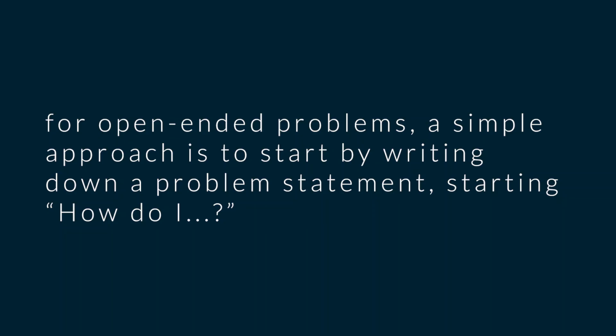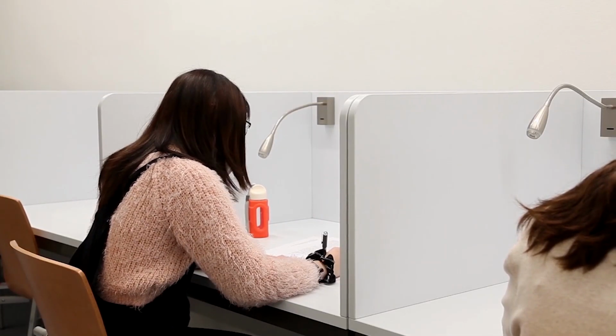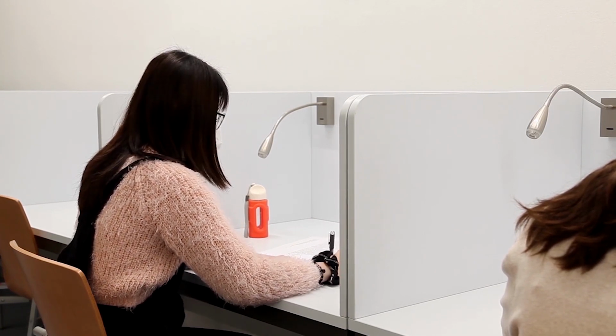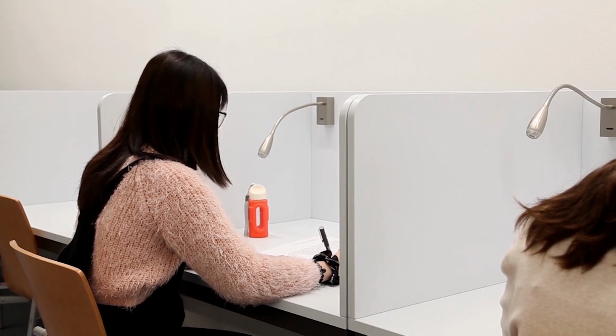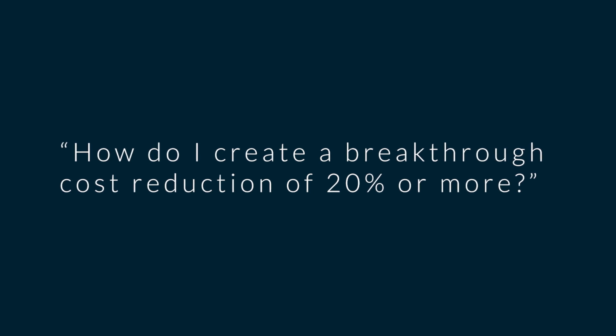For open-ended problems, a simple approach is to start by writing down a problem statement stating, how do I, blah, blah, blah. An effective problem statement often contains the key feature of the problem in such a way that it helps to point towards a solution. An example here could be, how do I create a breakthrough cost reduction of 20% or more?